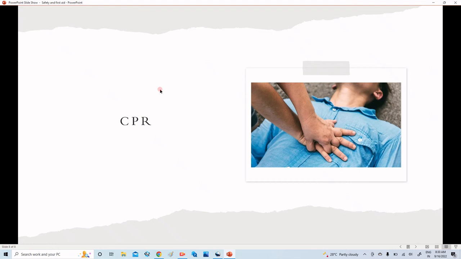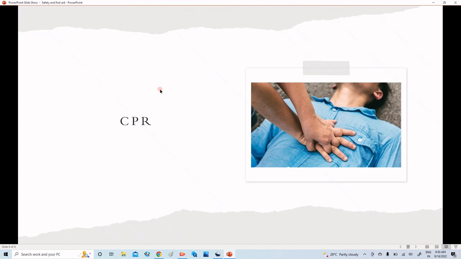Now, why are we doing the 30 pumps? Now, this is why. The heart pumps blood. We all know that. Now the heart is not pumping blood, so we are doing the heart's action instead of the heart. What does the heart do? Pump blood. What are we doing?